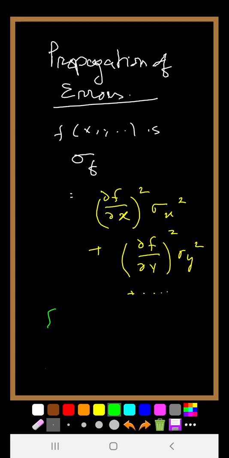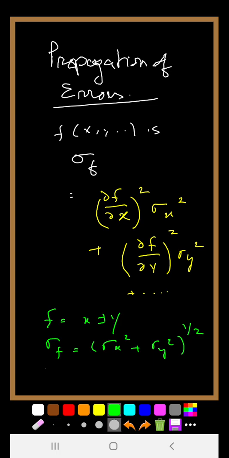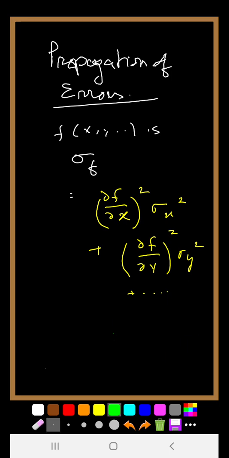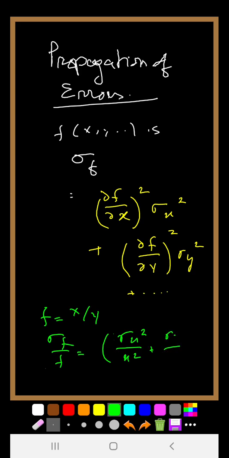Thus we can say that if f is equal to x plus or minus y, then sigma f will be equal to (sigma x square plus sigma y square) to the power 1 by 2, and if f is equal to x by y, then sigma f by f is equal to (sigma x square by x square plus sigma y square by y square) to the power 1 by 2. So this is how the propagation of errors function is.